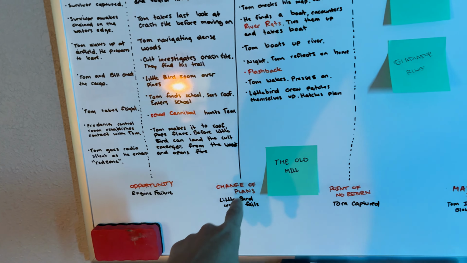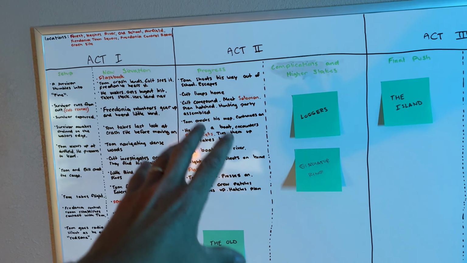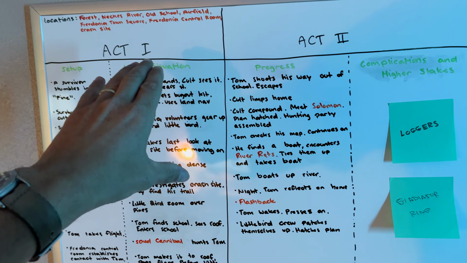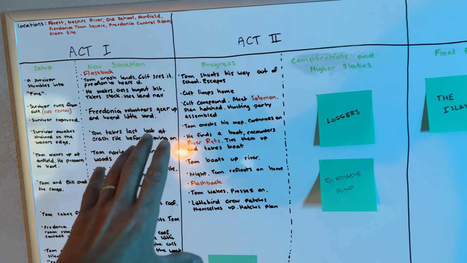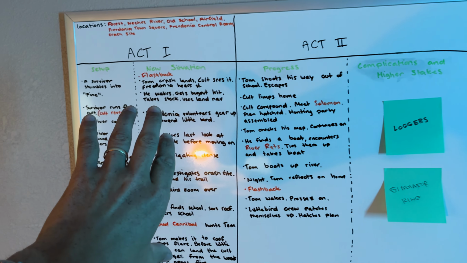Once the change of plans occurs, our character gets fully nudged into the new situation. It's like the thing they've experienced escalates, and it's not very easy to come back to where they were. Looking at Act 2, it's split into 3.